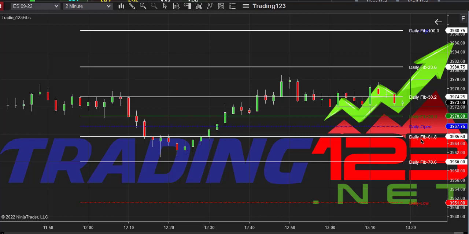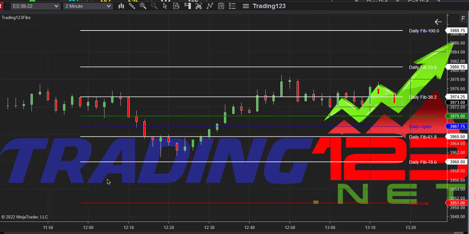All you got to do is load up a chart and the fib levels are plotted for you throughout the day, and the fib levels move with the price action. So as the market is going higher or lower, the fib levels are going to adjust periodically to the current market conditions, where other fib levels don't do that.